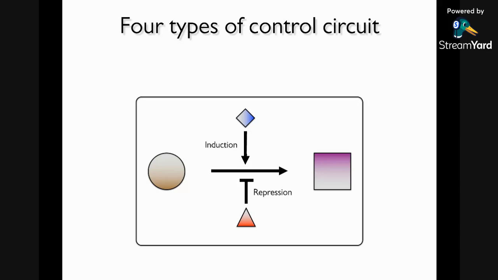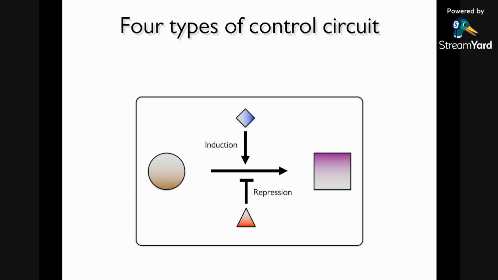Repression occurs by this triangle in this case, and we call that a repressor. It is typically a protein, called a repressor, that acts to bring about repression of this genetic circuit. Induction is done by an activator. So in blue here, we call this an activator.